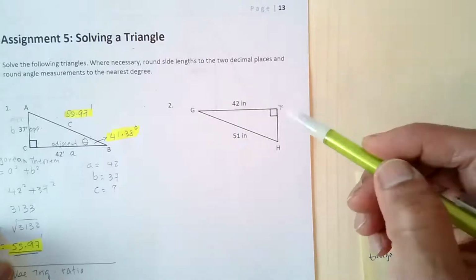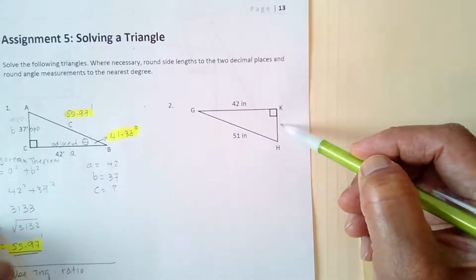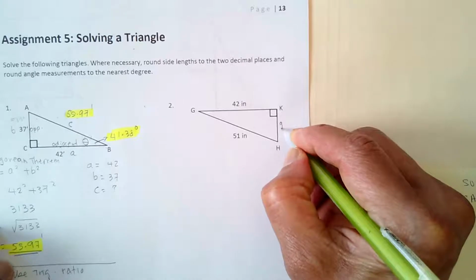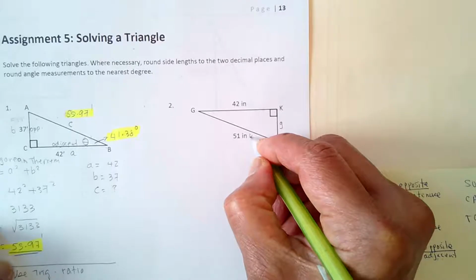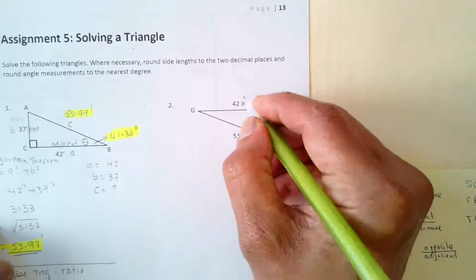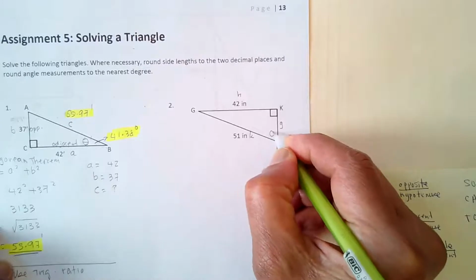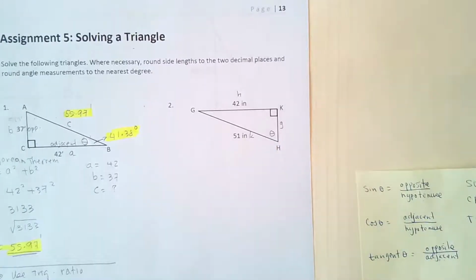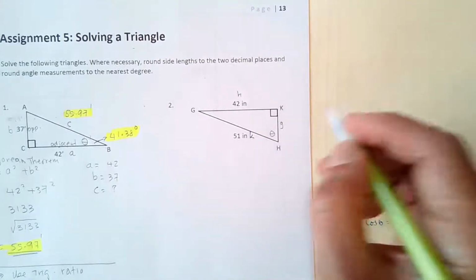We can go ahead and use the Pythagorean theorem and find side G. So this is side G here, this will be side K, and this will be side H. Now, I will label this angle here as my missing angle because I need to find all 3 angles.